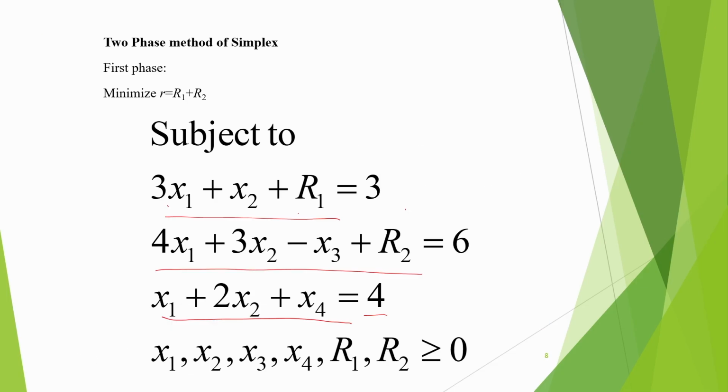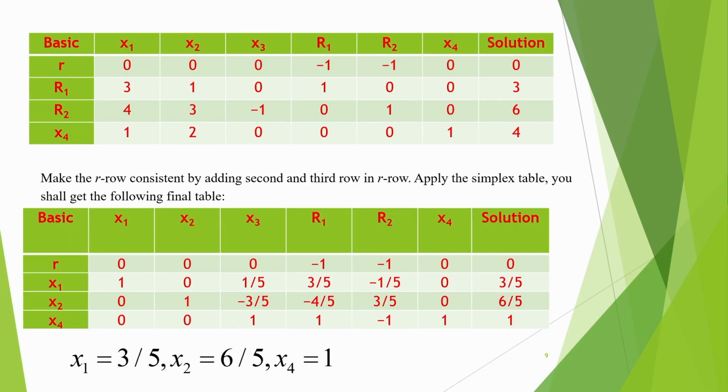So we make that. Now the basic simplex table we will make as usual: the basis r, r1, r2, and we write x1. The coefficient of r is 0, 0, minus 1, because the coefficient of r1 is minus 1, this is minus 1, 0, 0, and this is the r1 row as we have written earlier.